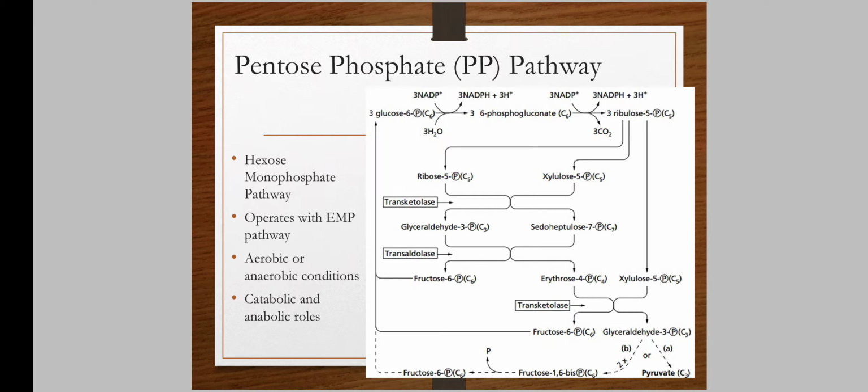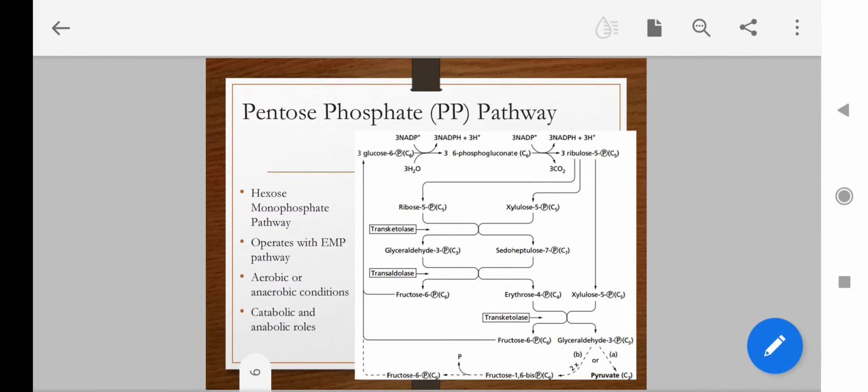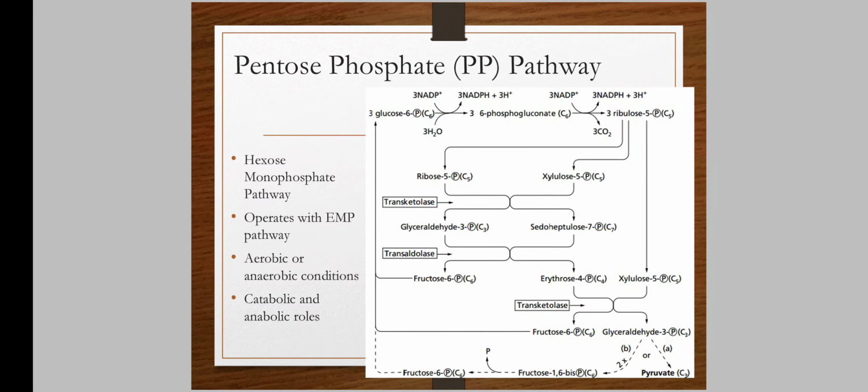This pathway shuffles the carbons. You can produce here ribose 5-phosphate and glyceraldehyde 3-phosphate. So these are the important intermediates.